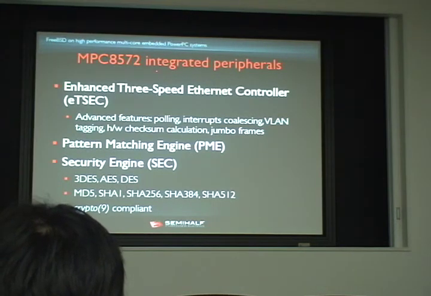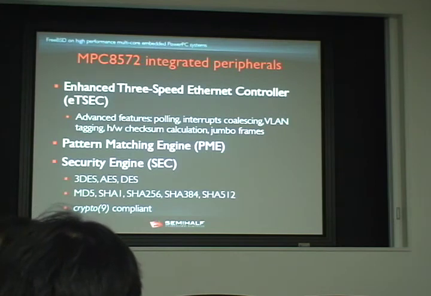Actually, the 8572 has an enhanced version of the chip, which is eTSEC, but it only adds new capabilities and is more performant. Other than this, it's backwards compatible with the old 85XX series. So we added features like polling, interrupt coalescing, VLAN tagging, hardware checksum calculation, and jumbo frames.